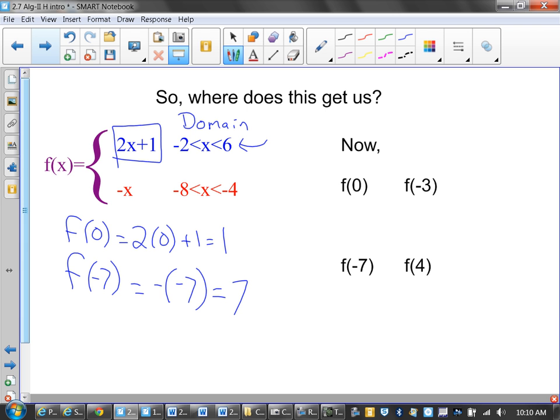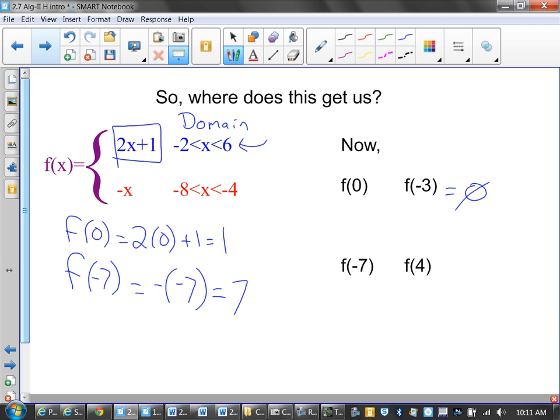f of negative 3. Does that fall into one of our domains? No. So what happens when something doesn't work? Do we skip it and ask about it tomorrow? In this case, since it's not going to work, it's like an empty set.